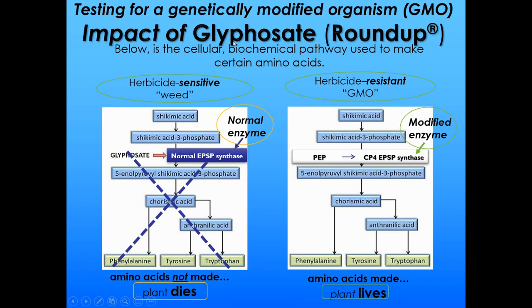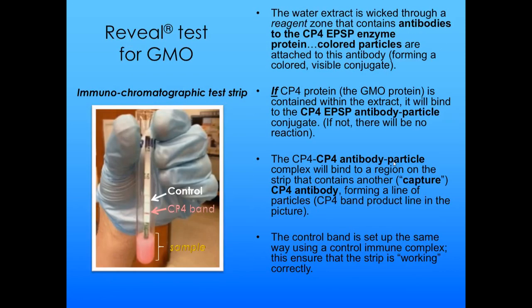And what the glyphosate, what the Roundup does is it interferes with the activity of this enzyme that's involved in this process. Now, the herbicide-resistant GMO plant has a replacement enzyme here. It's a modified enzyme that's called CP4-EPSP. And what we're doing in the test is we're testing for the presence of this protein, this modified enzyme.